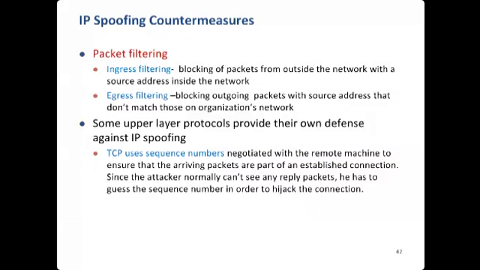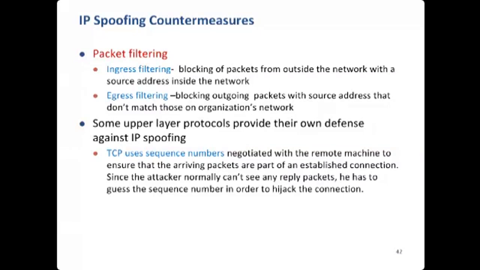Then the security guard will know the person resides inside. How can this be? The packet is coming from outside, right? So it will block that. We call this ingress filtering. And then egress filtering.